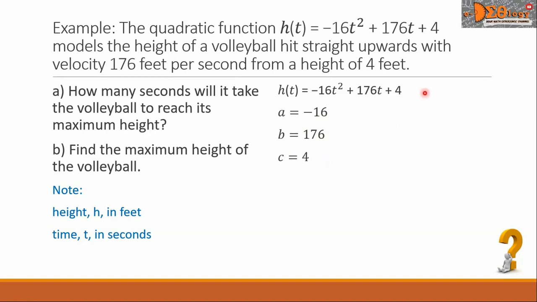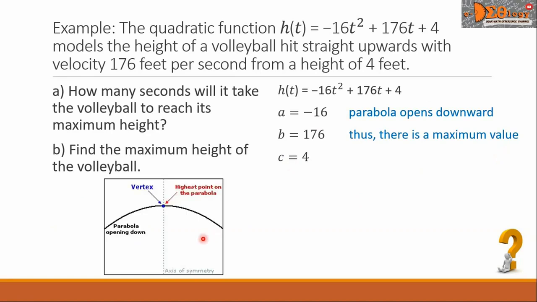So we have here a quadratic function with the value of a as negative 16. So we have here a parabola that opens downward. It means to say we have a maximum value.